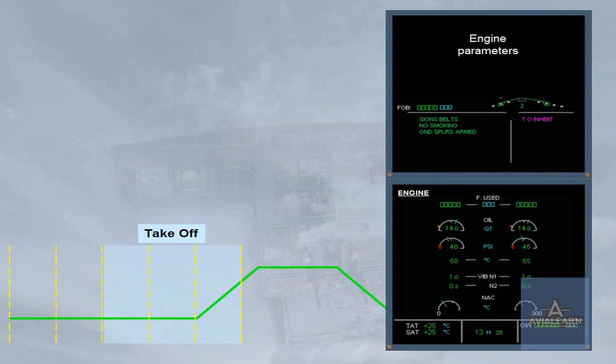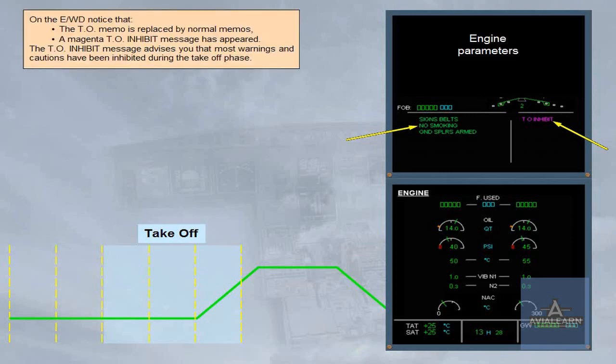On the engine warning display, notice that the takeoff memo is replaced by normal memos. A magenta takeoff inhibit message has appeared. The takeoff inhibit message advises you that most warnings and cautions have been inhibited during the takeoff phase.